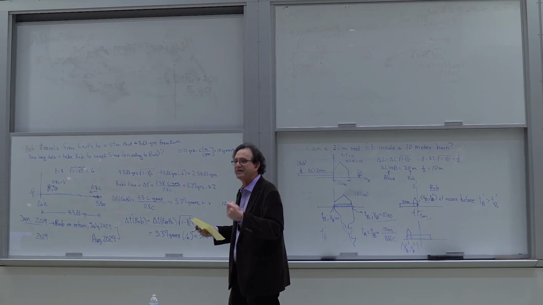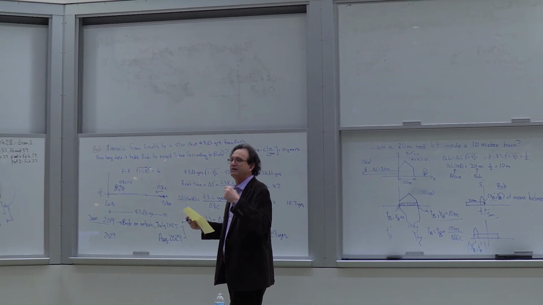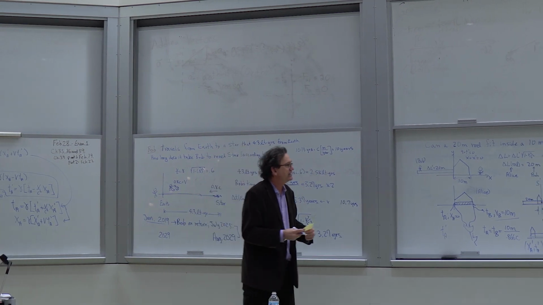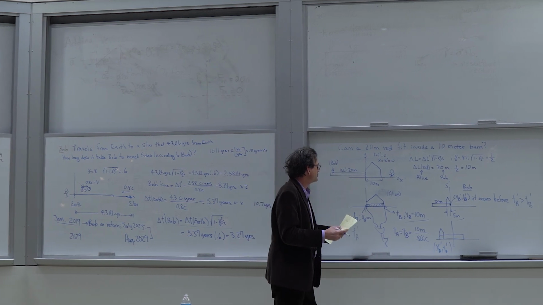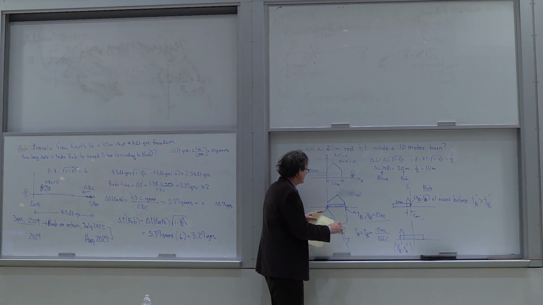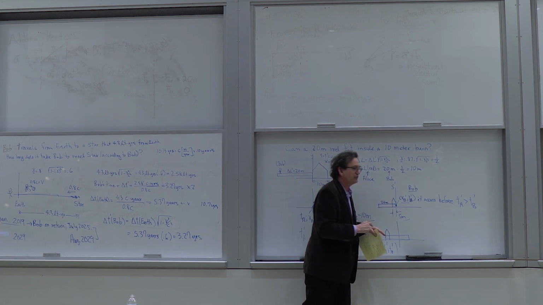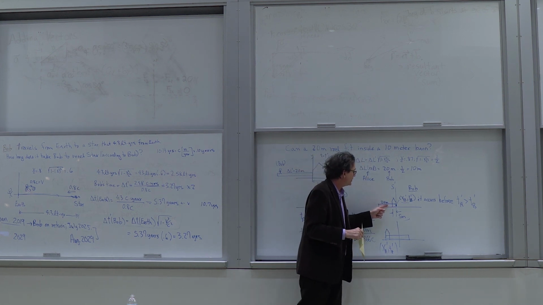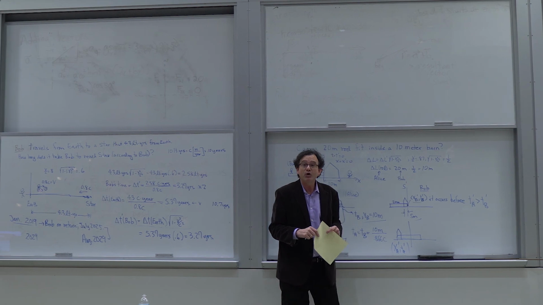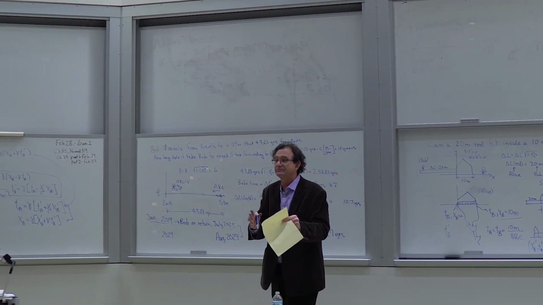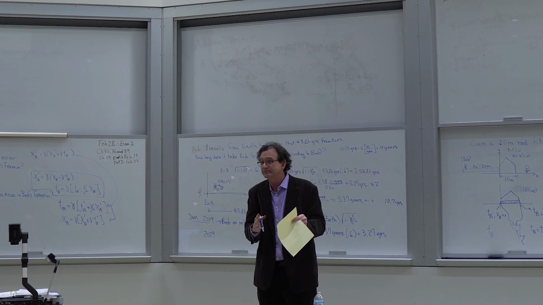I acknowledge that, but they are not simultaneous in my frame. And the reason is that you just apply the transformation equation, and simultaneous for Alice is not simultaneous for him. And that's the only way you can explain the fact that they both see each other's distances getting shrunk. Otherwise, that would be a contradiction.